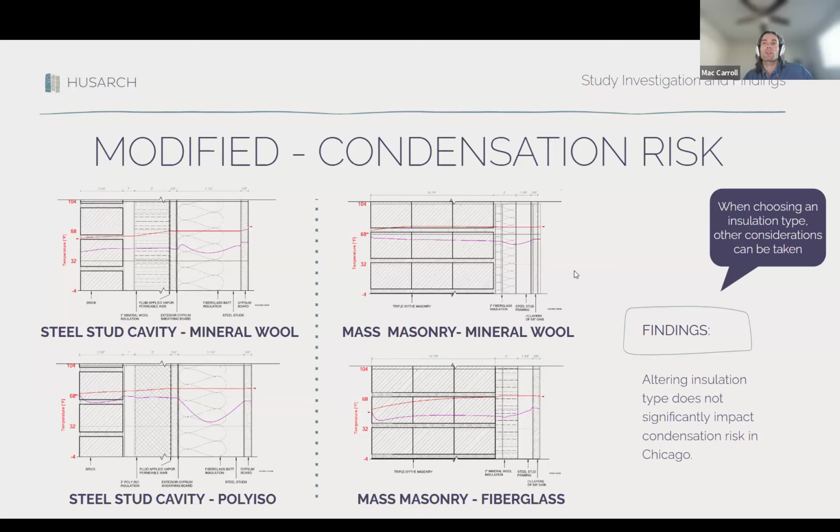This is good information because it means that project teams can feel a little bit more free to select insulation types based on other requirements in the project, like life cycle analysis, embodied carbon, material ingredients, or cost. So that's pretty refreshing for us when we came across that.